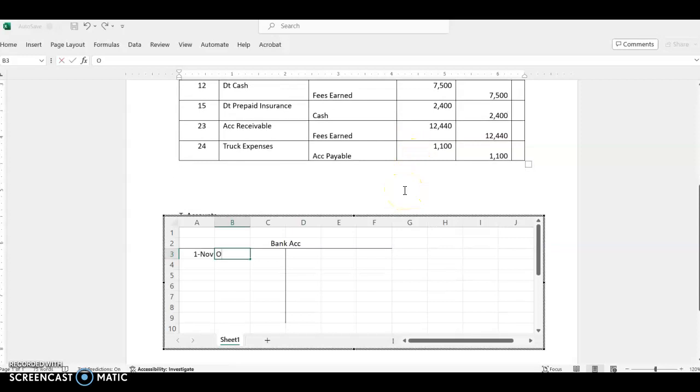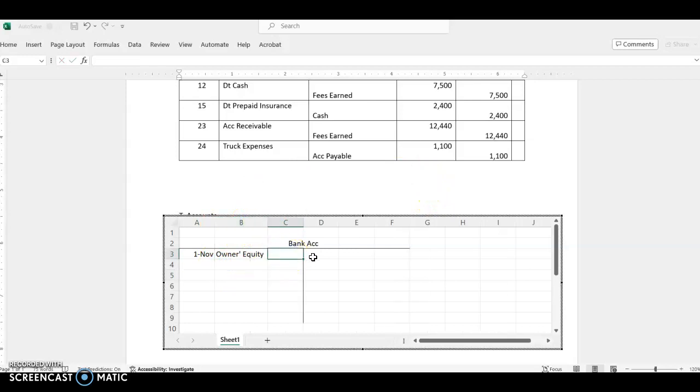So we put it as owner's equity, and the amount is 27750.